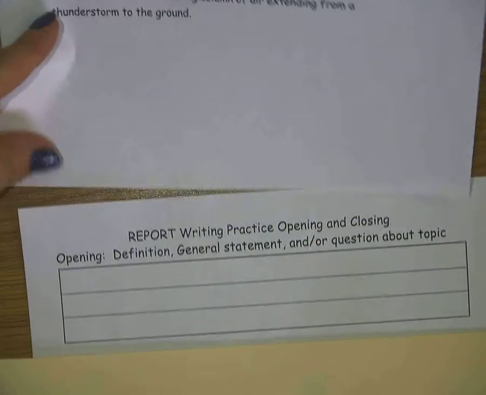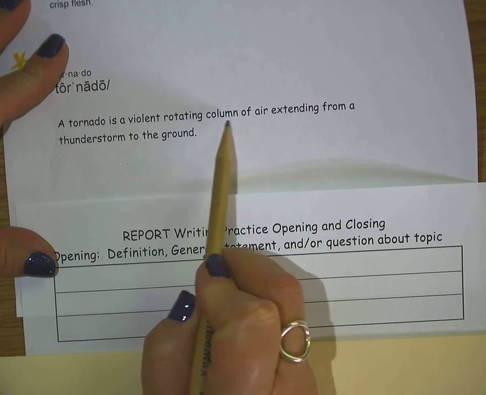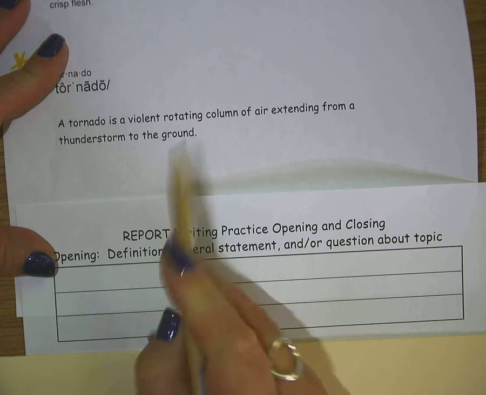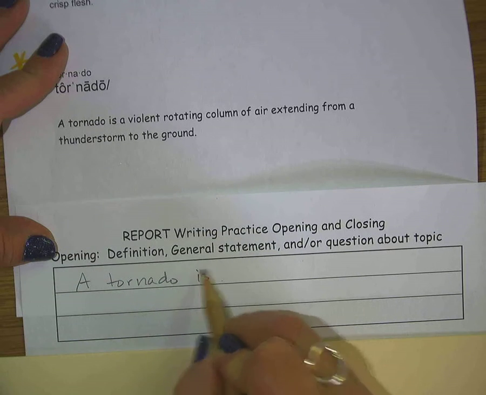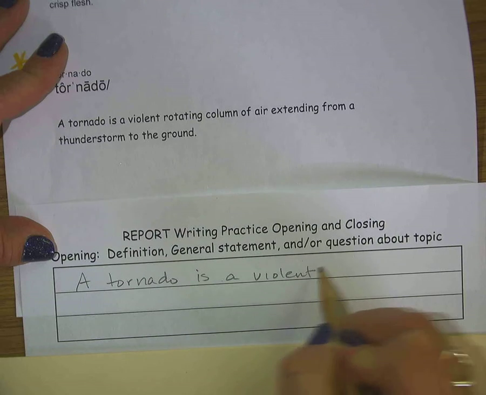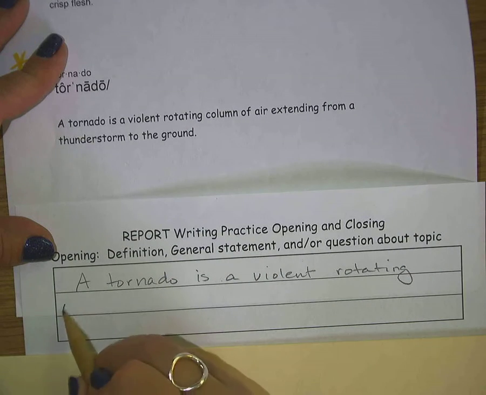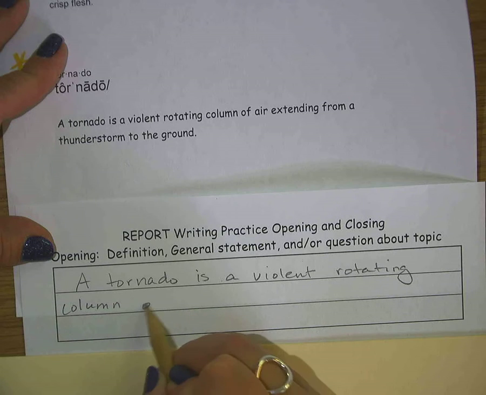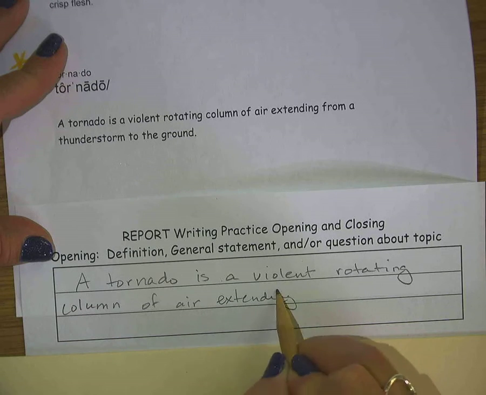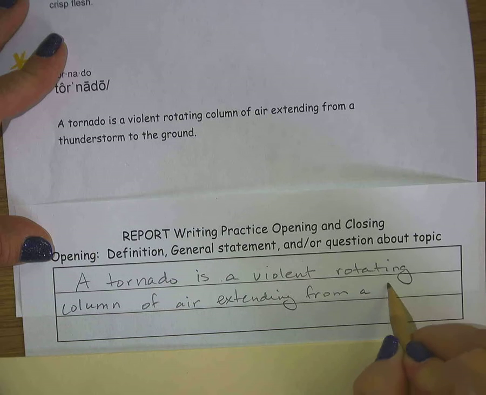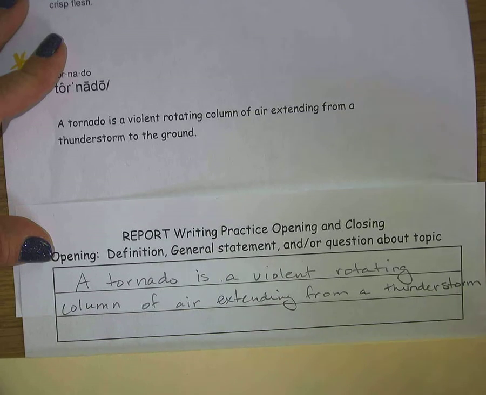So I would put this: a tornado is a violent rotating column of air extending from a thunderstorm to the ground.